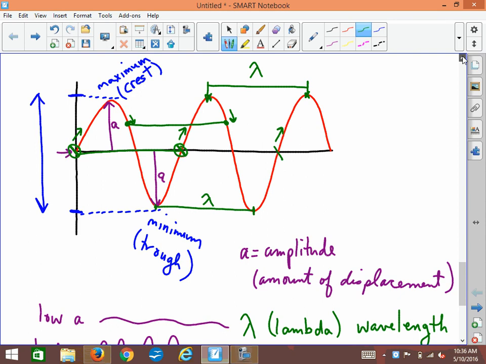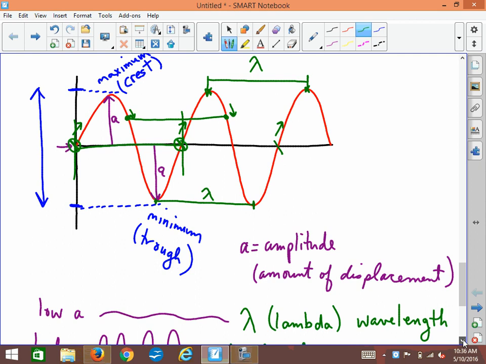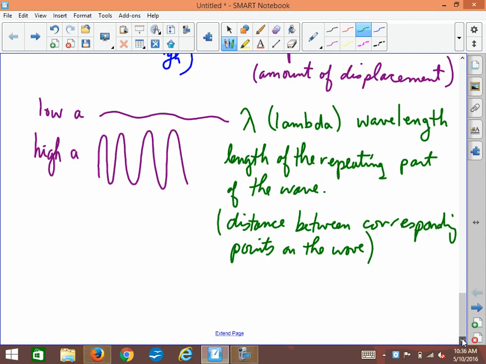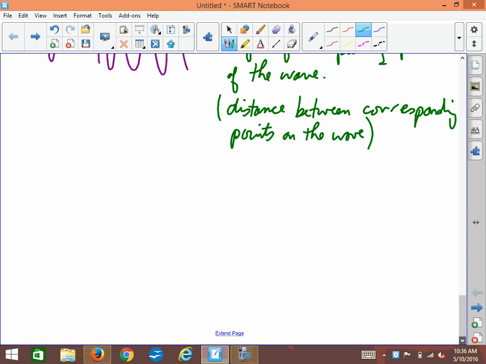You can also do it by focusing on this repeating section of the wave and how it repeats. Either way, that's the wavelength. Let me show you 2 examples of a very long wavelength and a very short wavelength to give you an idea. So here's a long lambda, or a large lambda, where the wave goes up and back down, up and down. You can see there's the repeating.